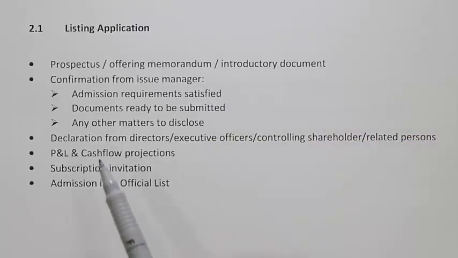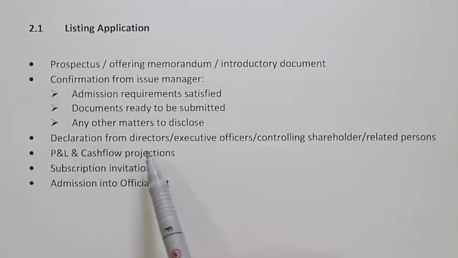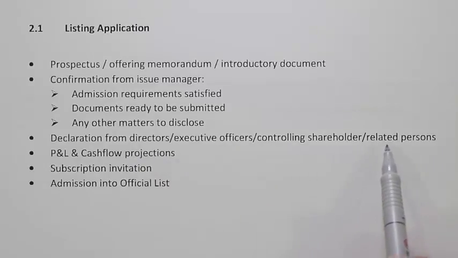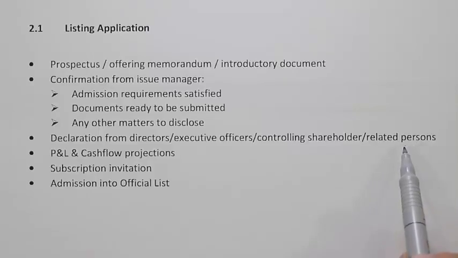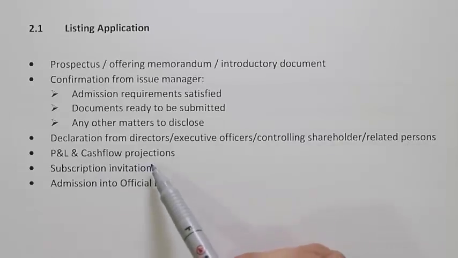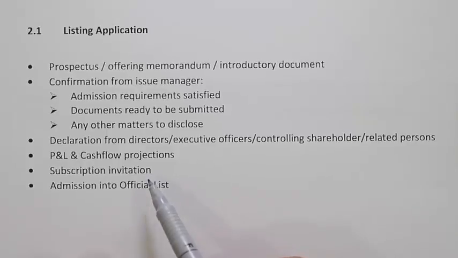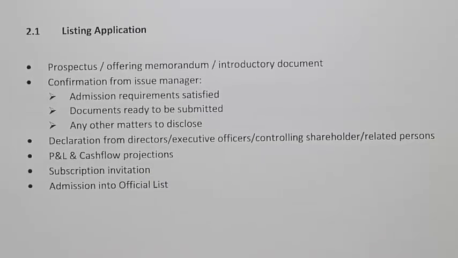There's also a declaration needed from directors, executive officers, controlling shareholders, or any other related persons that have huge influence on the company. P&L and cash flow projection done by the accountants, the subscription invitation given to the public, and the admission into the official list.